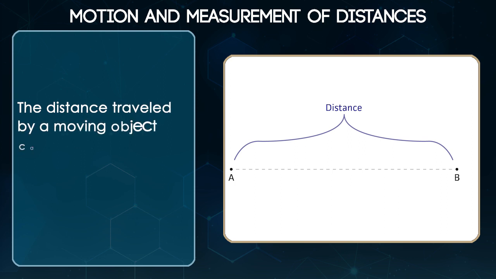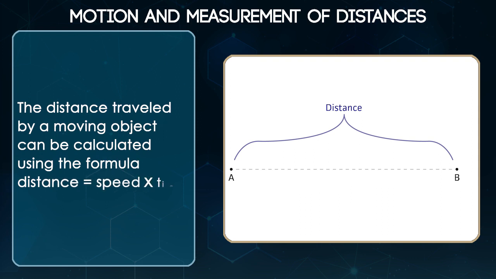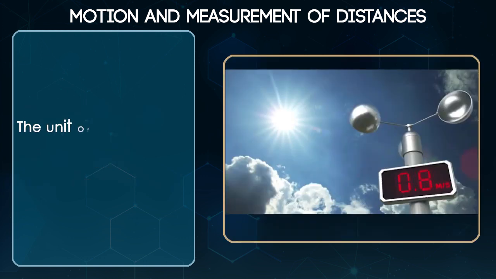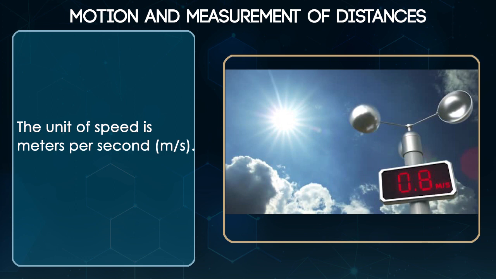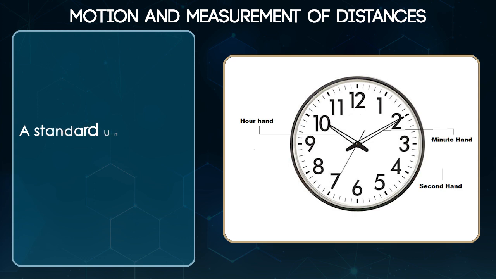The distance travelled by a moving object can be calculated using the formula distance is equal to speed into time. The unit of speed is meters per second. A standard unit of time is the second.